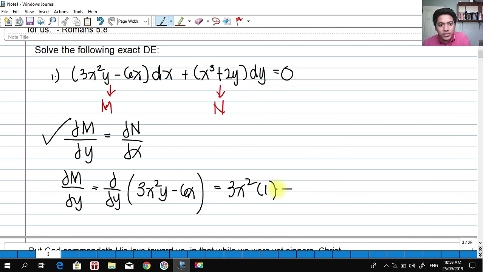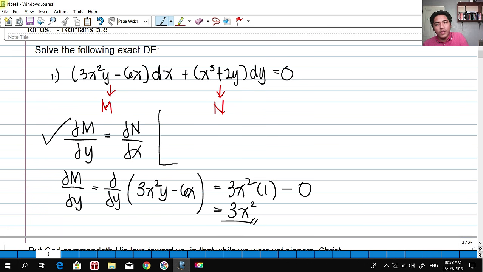Minus, if we differentiate 6x, 6 is a constant multiplied by x, which is also a constant because we're differentiating with respect to y. So this 6x will become 0. The partial derivative of M with respect to y would now be 3x squared. I hope you get it.